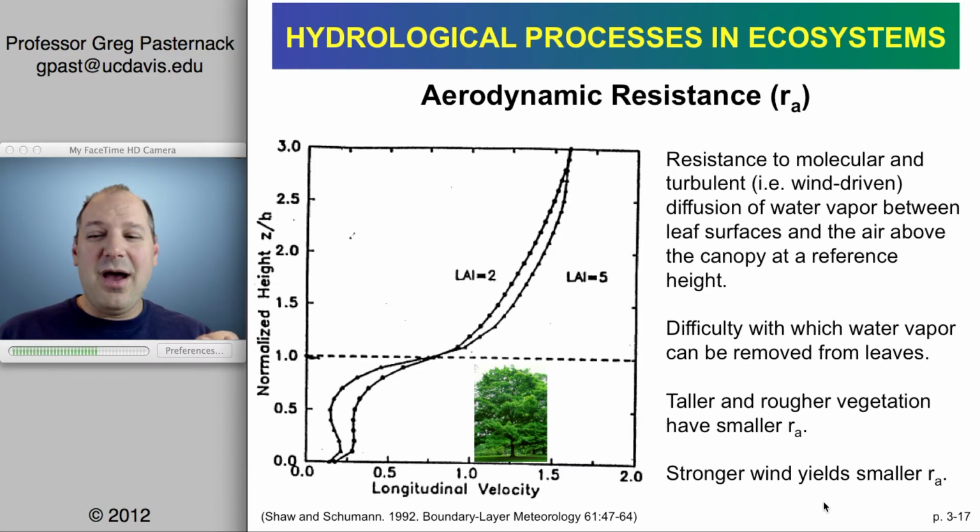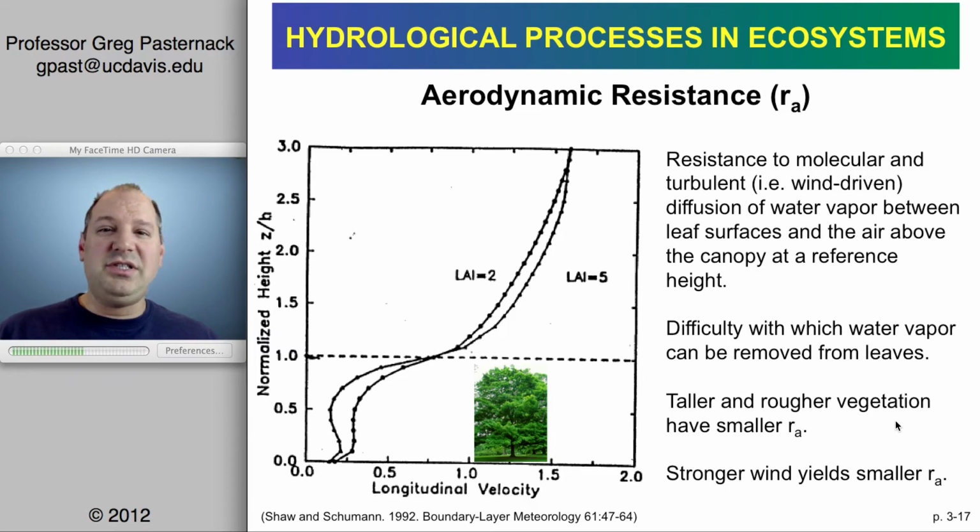But it's not just about wind, it's also about turbulence, because turbulence stimulates mixing. And so simply by creating lots and lots of mixing, you can also be spreading around that water vapor away from the leaves. And having more structure in here, like taller, rougher trees, can produce greater mixing and therefore a smaller aerodynamic resistance.